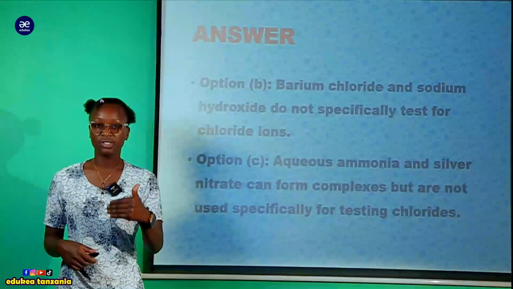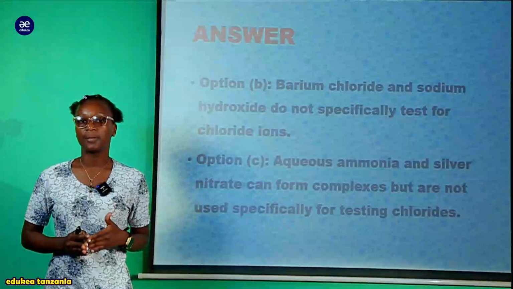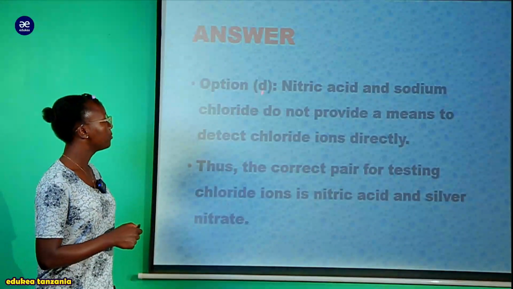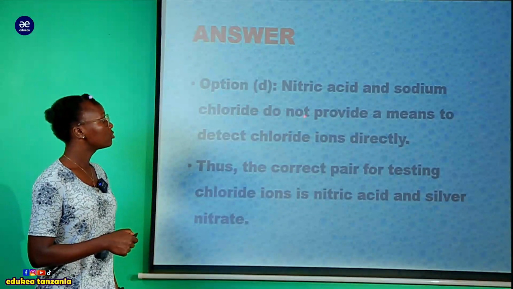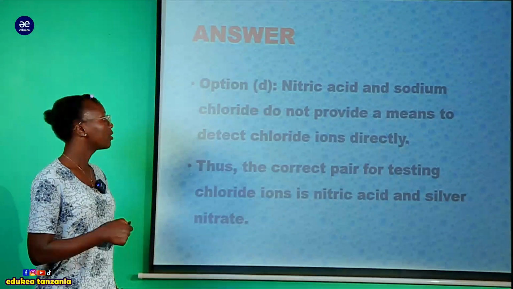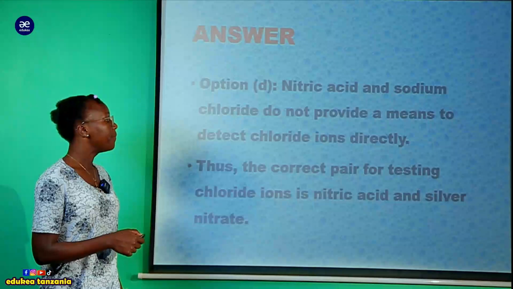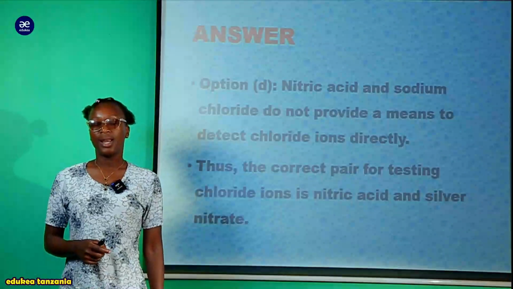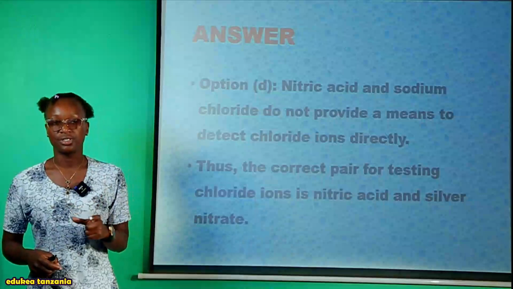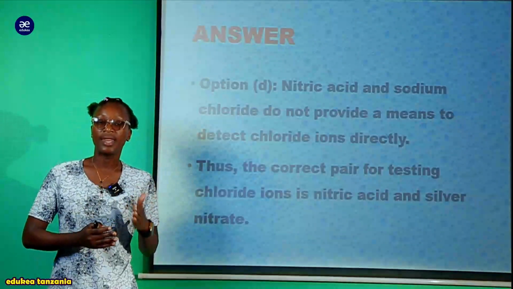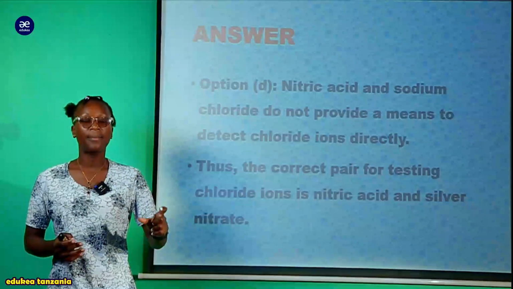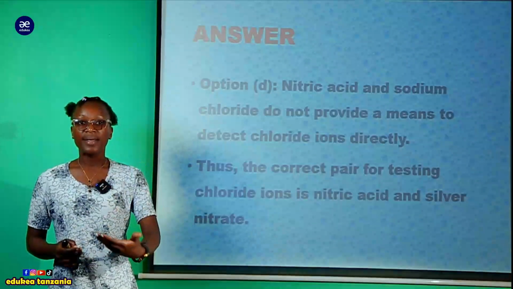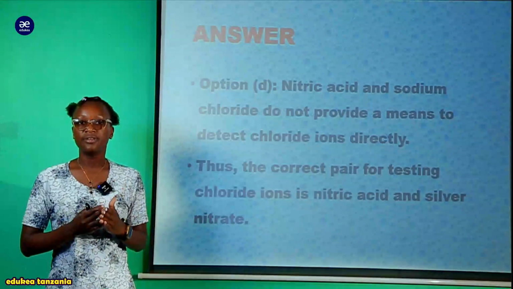Kwa hiyo hizi chemical test huwa zinakuwa ni specific, lakini pia tunapokuja kwenye option D ambayo tulikuwa tumepewa nitric acid na sodium chloride. So do not provide a means to detect the chloride ion directly. Lakini uwepo wa silver nitrate, kwa sababu zile silver ion endapo zitareact na ile compound kama ina chlorine ndani yake, ndio itapelekea formation ya ile white PPT of silver chloride.